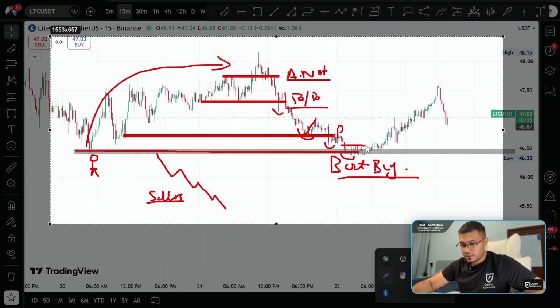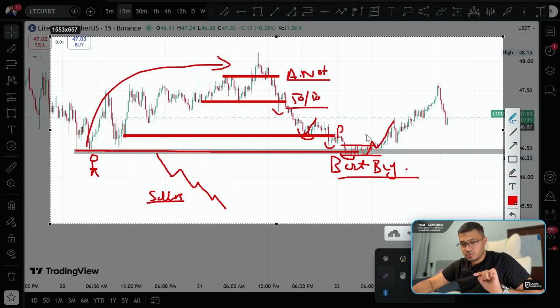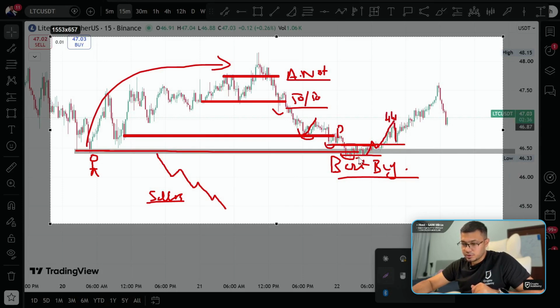All of a sudden, market makes another move. So momentum is shifting. From best buy, momentum is shifting, where this market broke the previous lower low, and now the market makes a higher high, and now the trend is shifting, right? So far so good? Makes sense?